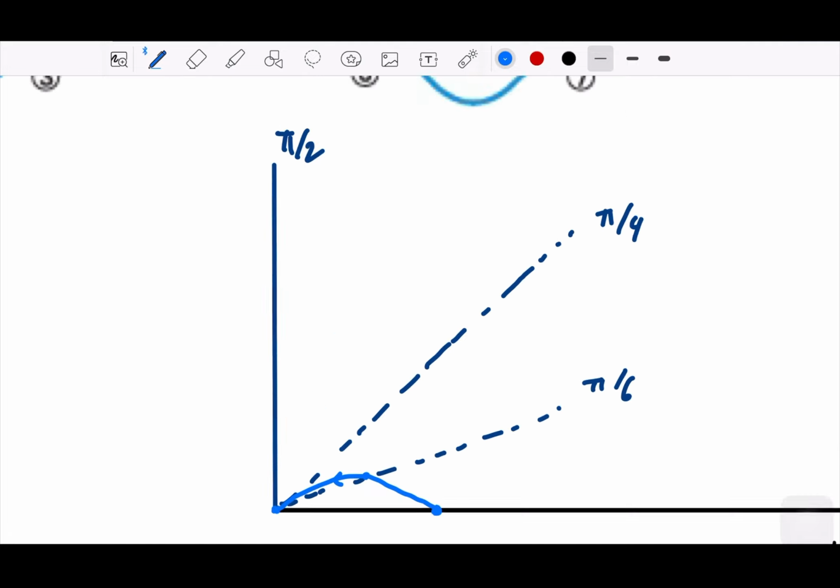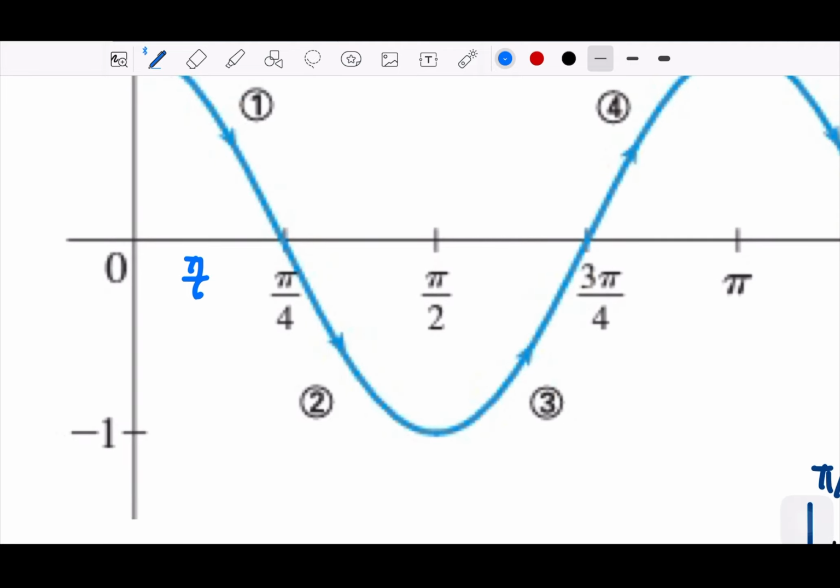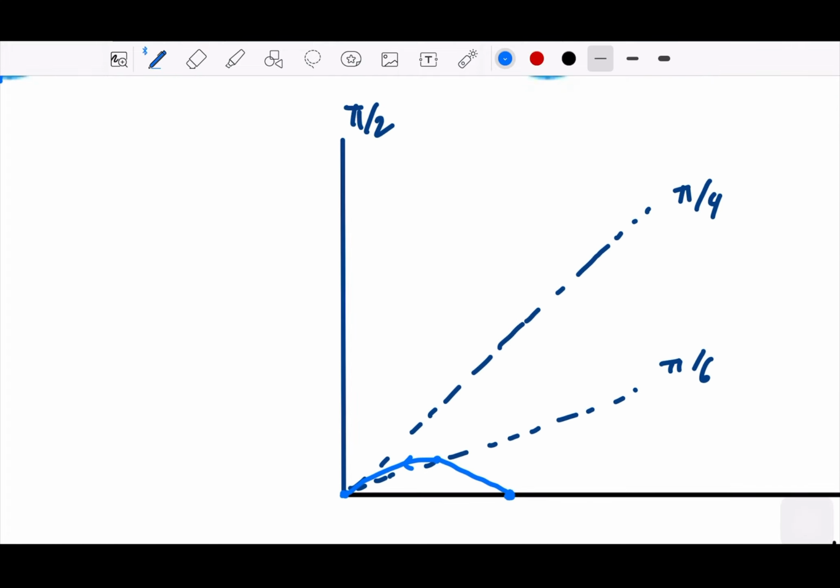And then the next part is, we are going to see that in the interval from pi over 4 until pi over 2, the value of r is negative. So at cosine pi over 2, r is negative 1. If we take pi over 2, it's supposed to be here, but since it is negative, we are going to go to the opposite side.